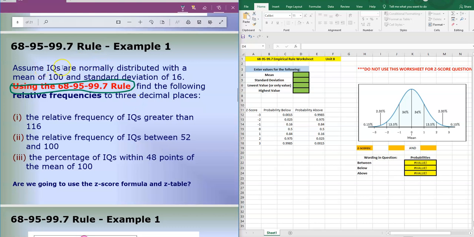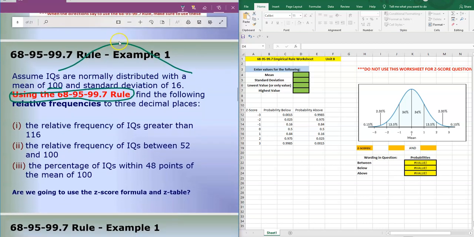All right, so it says assume IQs are normally distributed. So I would draw a bell curve with a mean of 100. Well, I'm going to put 100 in the middle then. And a standard deviation of 16. Well, that means I'm going to add 16 once, twice, and 3 times.